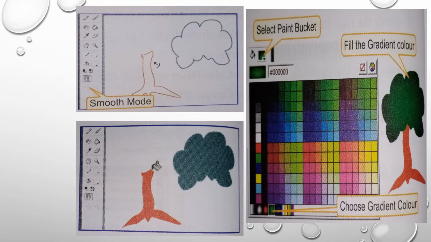Similarly, fill brown color in the stem. Select the selection tool, then double click on the tree top and drag the tree top over the tree trunk. Choose the selection tool and then select the tree by dragging around the tree.